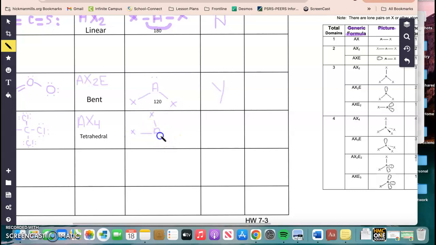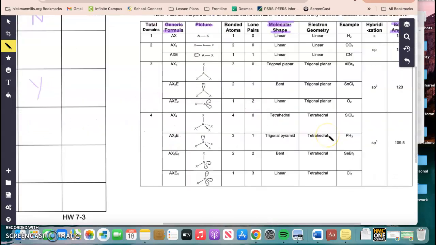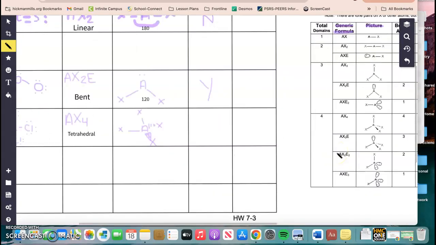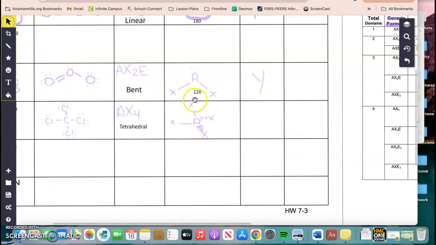We're going to draw a triangle and fill it in. And we have X. Then we have a dashed triangle. That signifies that something is going in the back, so behind, and that is another X. And if we look at our bond angle, that gives us 109.5.